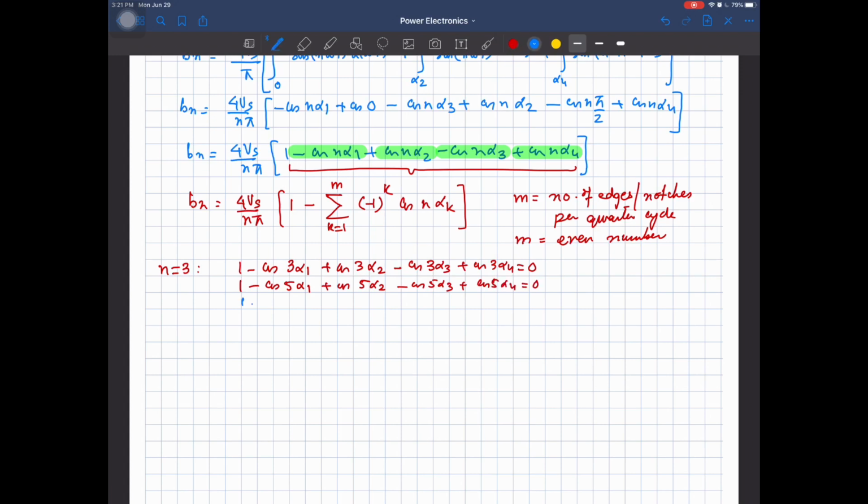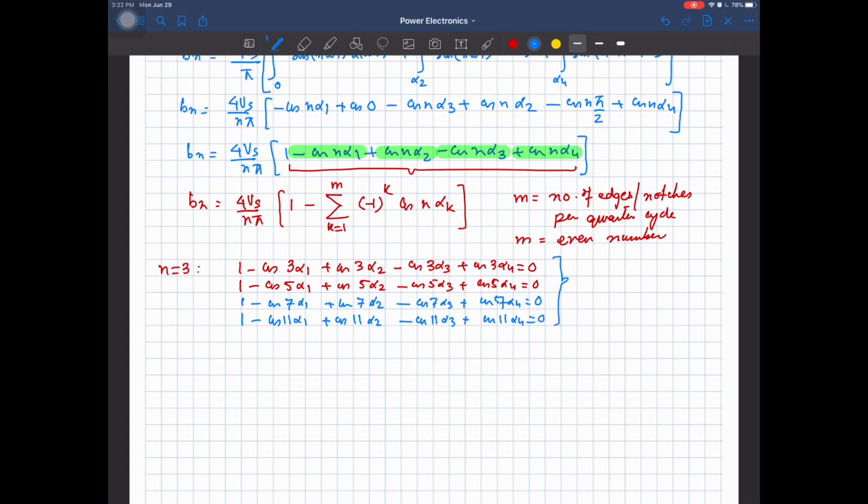For the seventh harmonic, 1 minus cos 7 alpha 1 plus cos 7 alpha 2 minus cos 7 alpha 3 plus cos 7 alpha 4, equal to 0. The ninth is a multiple of the third harmonic, so it will be cancelled out by the cancellation of the third harmonic. So I am going to consider the 11th harmonic: 1 minus cos 11 alpha 1 plus cos 11 alpha 2 minus cos 11 alpha 3 plus cos 11 alpha 4, equal to 0.